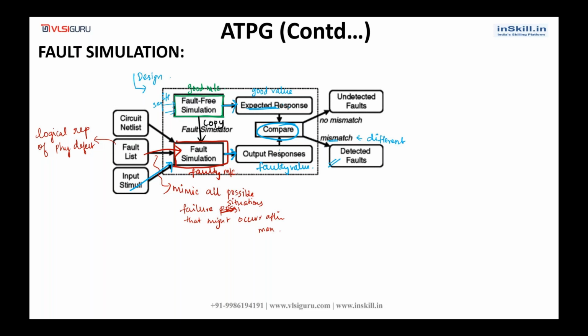Say for example, for a particular pattern and a particular fault, the good machine output is 1 and the faulty machine output is 0. Just consider. So here, the good value is not equal to the faulty value. Both are different.